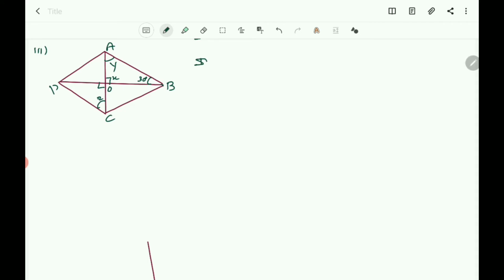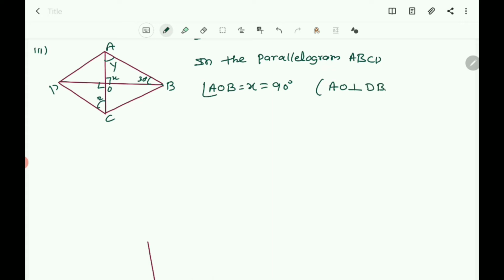So, you take the parallelogram ABCD. It is shown that angle AOB is equal to x, that is equal to 90 degrees, because it is shown in the figure that AO is perpendicular to DB.